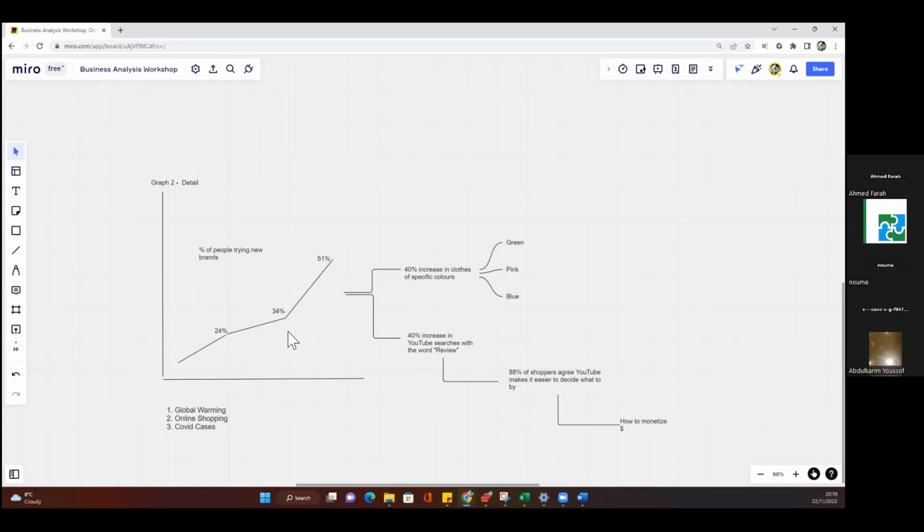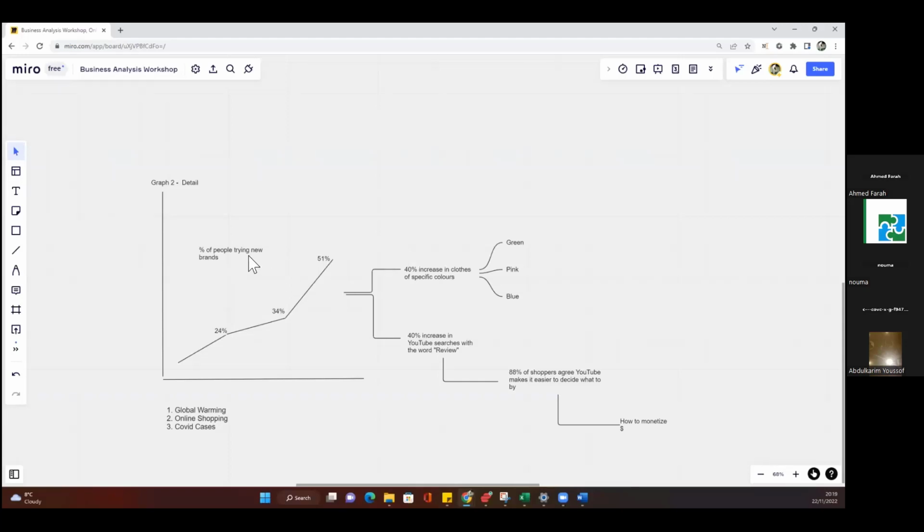Then Q2, 24%, Q3, 34%, and right now in Q4, 51%. And obviously with November there's some sale day, I don't know what it's called, and then you have the Christmas sales as well.